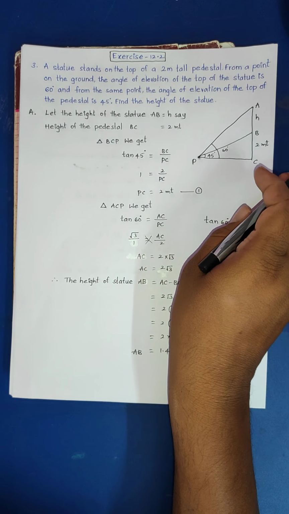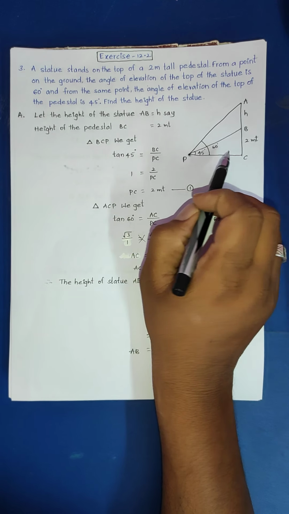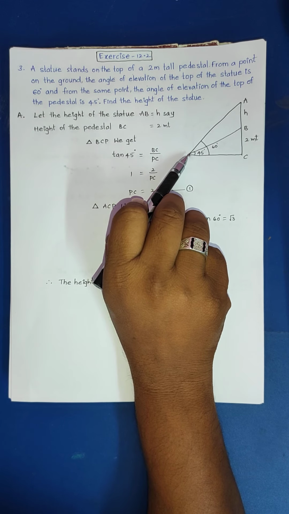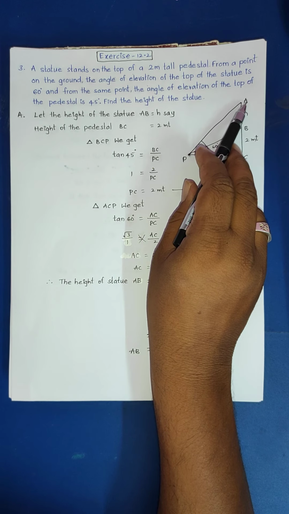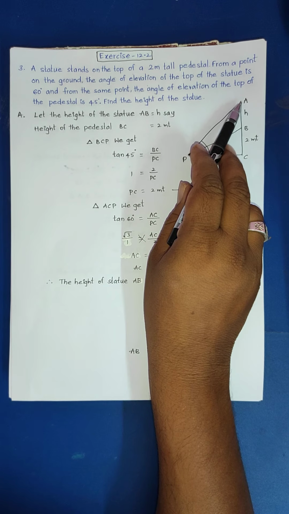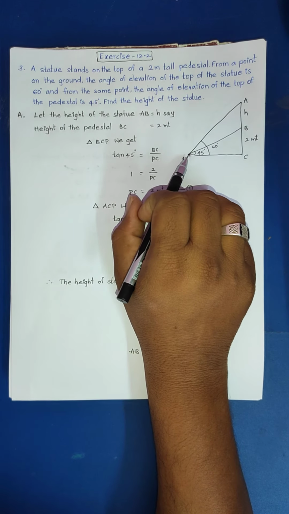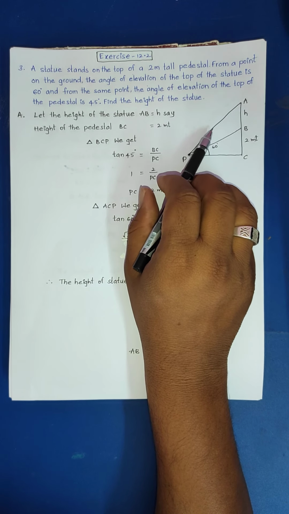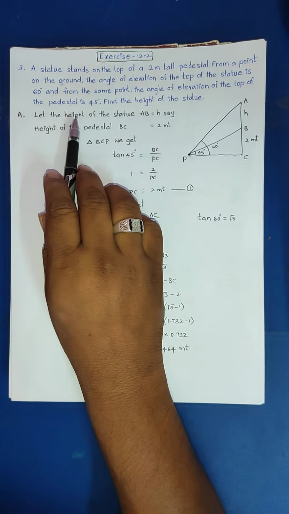Now we think that BC is the height of the pedestal and one observer is at point P. His elevation angle is 60 degrees. He observed a target, the statue top point A. This is the statue top point A. The observer observed the top of the statue at point A with a 60 degrees elevation angle.